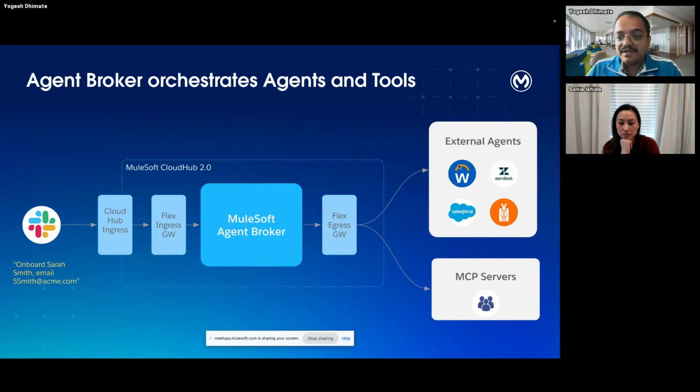Agent Broker orchestrates tasks between agents as well as MCP servers. So what we are going to do is create an orchestration workflow using this new component that we launched last week, which will accomplish the orchestration between agents as well as servers, and deploy it to CloudHub 2.0 along with Flex Ingress and Egress configurations.